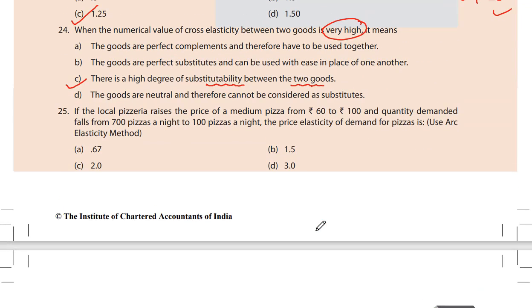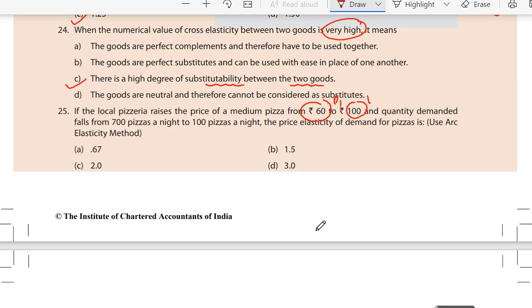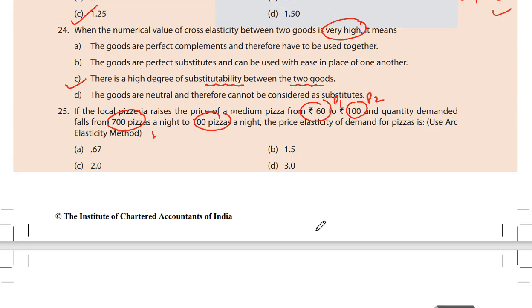Let's see 25th. If the local pizzeria raises the price of medium pizza from 60 to 100, this is P1, this is P2, the quantity demanded falls from 700 pizzas a night to 100 pizzas a night. This is quantity demanded 1, quantity demanded 2. What we need to calculate is price elasticity of demand, using the arc elasticity method.